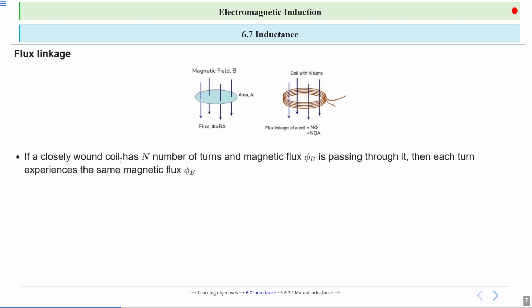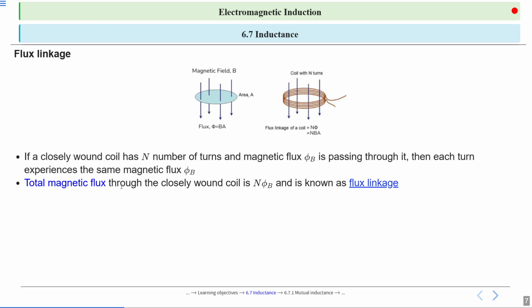Okay, so if a closely wound coil has n number of turns and magnetic flux phi b is passing through it, then each turn experiences the same magnetic flux phi b. Okay, so this coil is closely wound, means it is tightly wound, its turns are very close to each other.